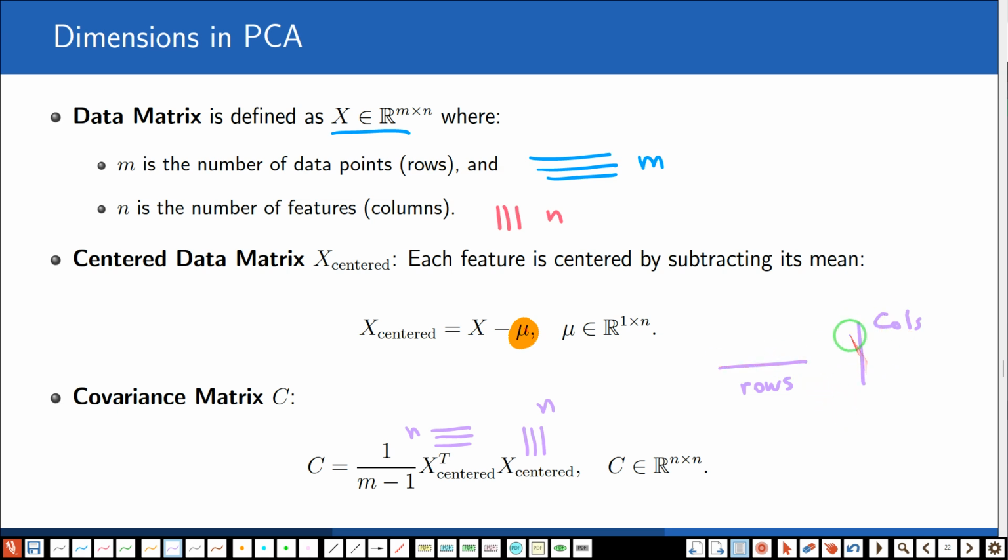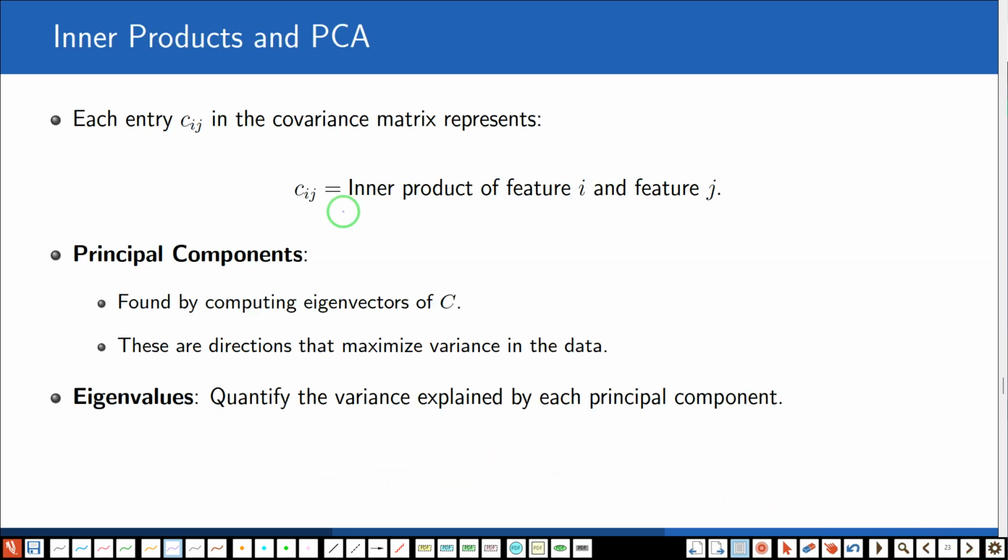That's the same as the inner product. When we calculate this, each component of this covariance matrix is the inner product between feature i and feature j. That's the similarity between two features. In this way, we get a matrix which measures the similarities between two vectors.